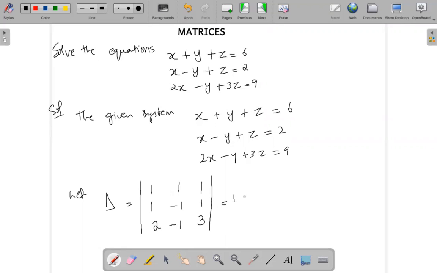So that is 1 into (-3 plus 1), minus 1 into (3 minus 2), and the last part, minus 1 into (-1 plus 2).